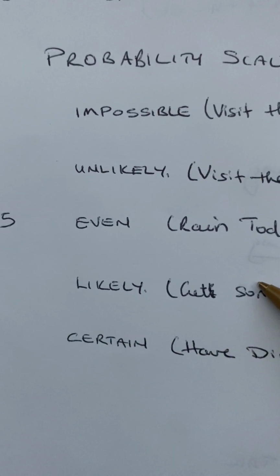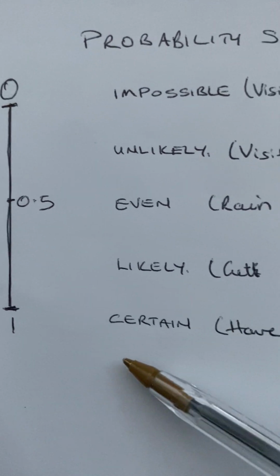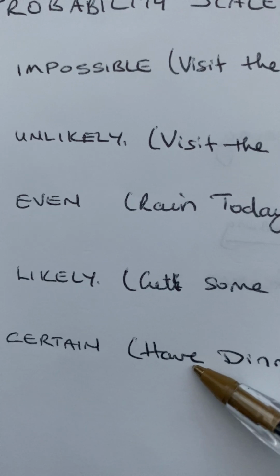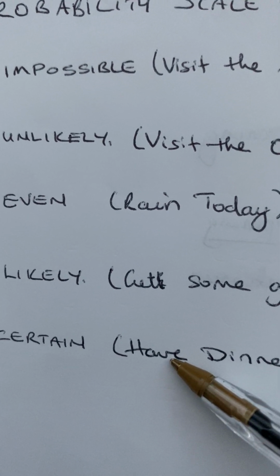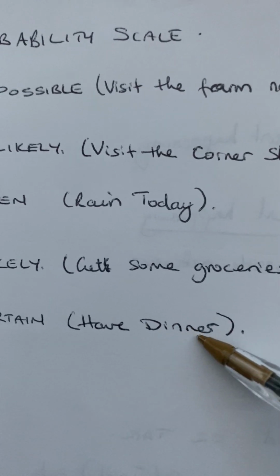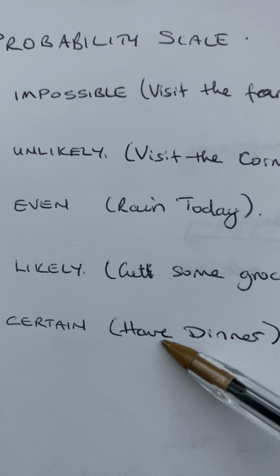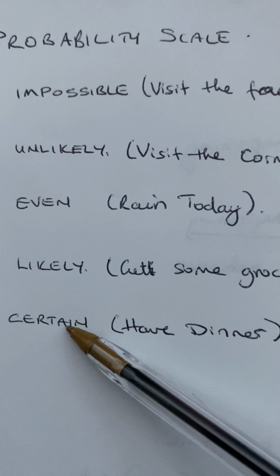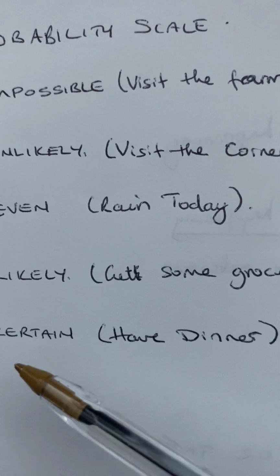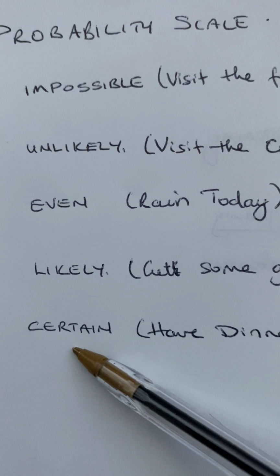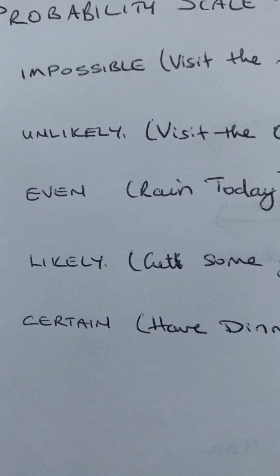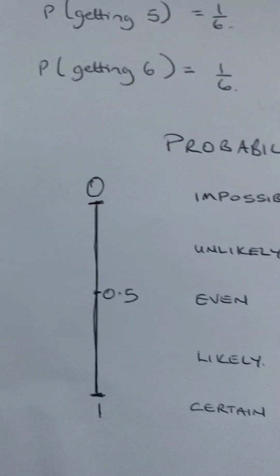So I might. Now, a certain event is like I've had my dinner tonight. If I wasn't going to have dinner because I ate earlier, but I've already had dinner, so that is a certain event.